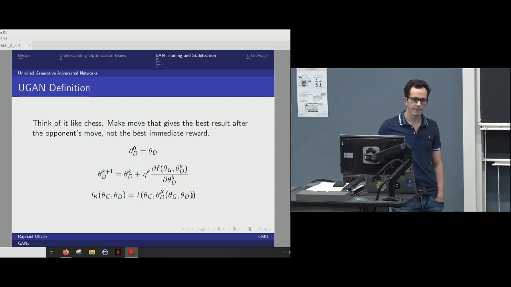How exactly is this different from doing k steps for the discriminator and one for the generator? Well, if you're doing k steps, then you assume that this thing becomes fixed and does not depend on G anymore. When you get this objective, you just look at the derivative on the first variables.